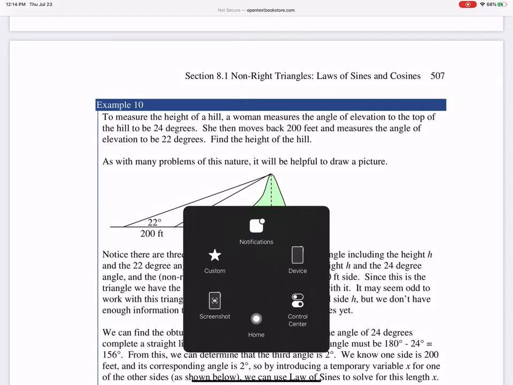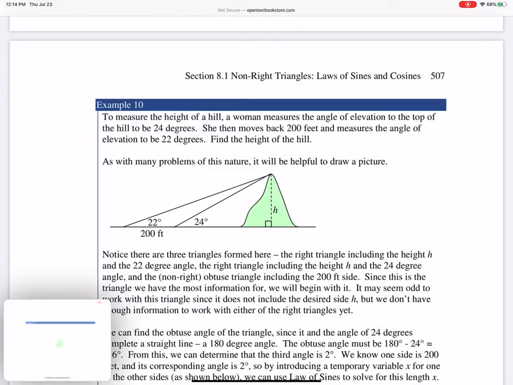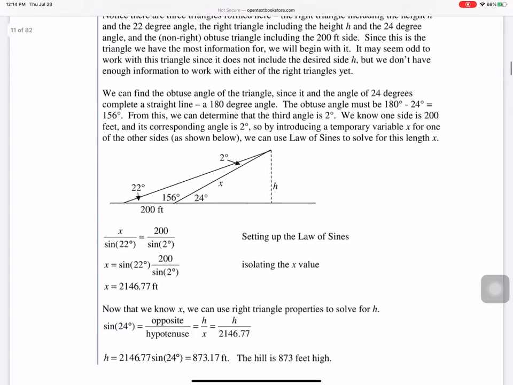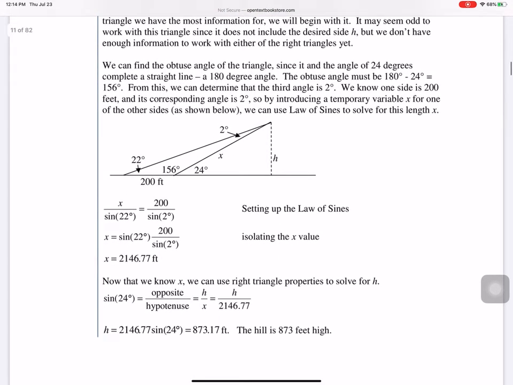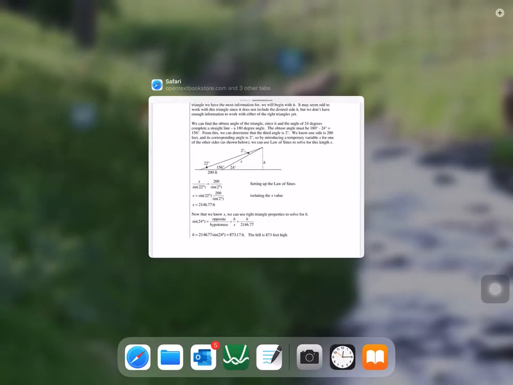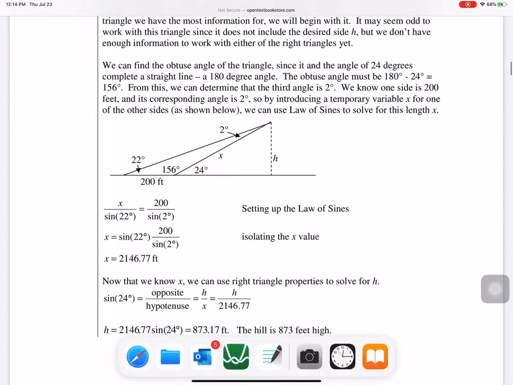And we solved it using right triangle trigonometry. We can use the law of cosines to make our life a little bit more simple here and solve this using the law of cosines combined with the law of sines. So let's take a look at how we would do this using non-right triangle trigonometry.